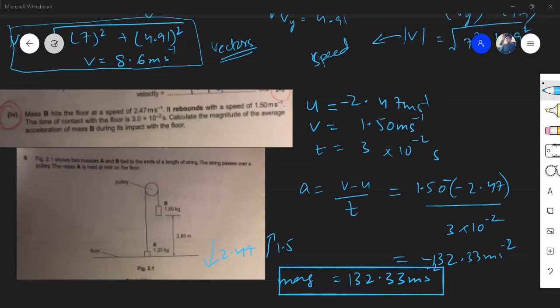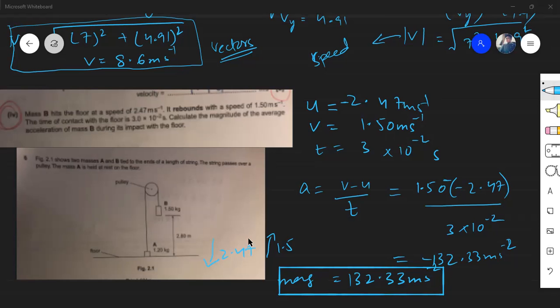But why? Yeah, but this can be reversed as well. We can consider that down is positive and up is negative, but we will still end up with the same answer. The signs might be different, but the magnitudes will still be the same.